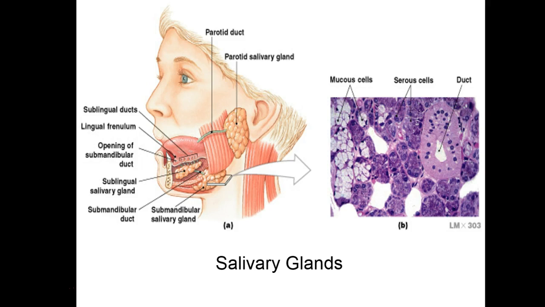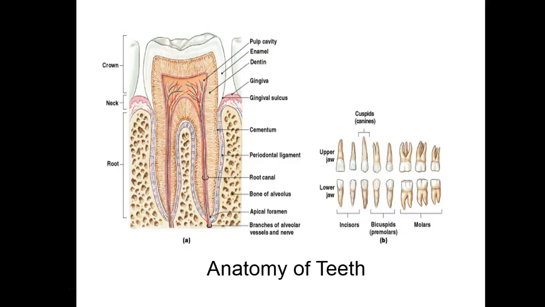The parotid salivary gland is up by the ear. Submandibular tends to be the lowest on the chin, below the mandible, and sublingual is below the tongue. I know we have a nice model. Sometimes it's difficult to tell the difference between the sublingual and submandibular if they're not both there. And then teeth is where we're going to pick the next one up. These things go by awfully fast.